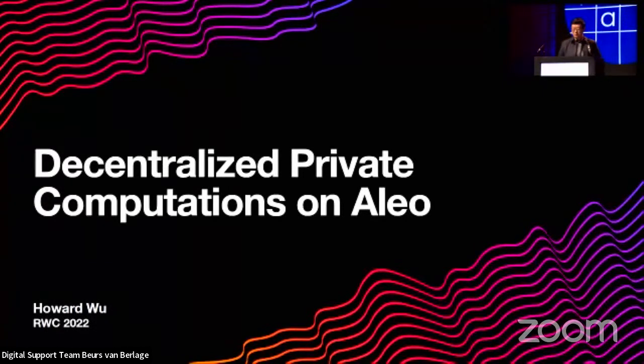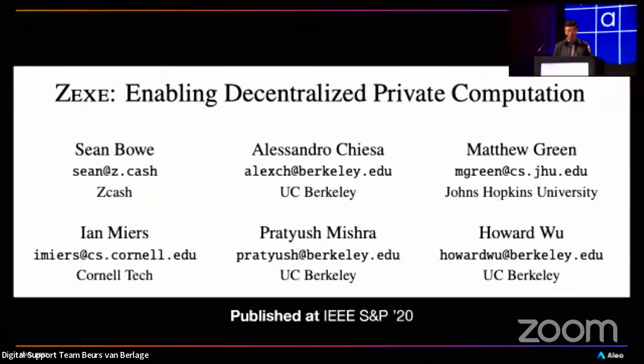Okay, hi everyone. My name is Howard and I'm a co-founder of Aleo. For those of you who don't know, Aleo was born out of a paper called Zexe, which stands for Zero Knowledge Executions. Between my co-authors and I, we wrote this paper a few years ago. It was published at Oakland and introduced a protocol that extends Zerocash to support general purpose applications.